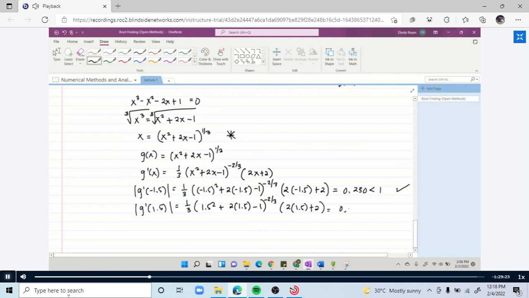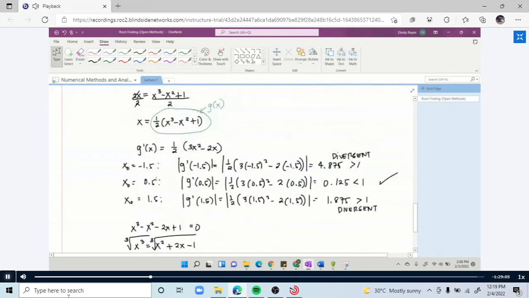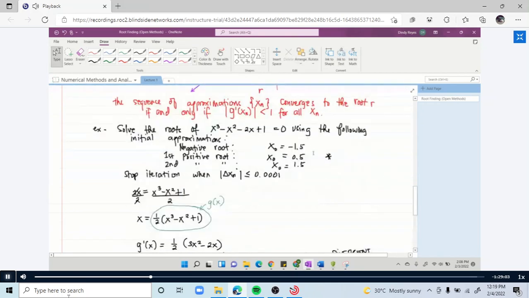This will be equal to 0.635 according to my notes. Sorry, less than 1. So this is also convergent. So you can use the same rearrangement, this one in asterisk, to solve for the second positive root. Okay? So again, I told you a while ago that I leave the negative root and the second positive root to you. We will be solving for the first positive root.